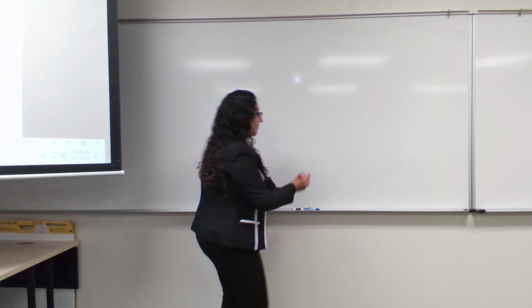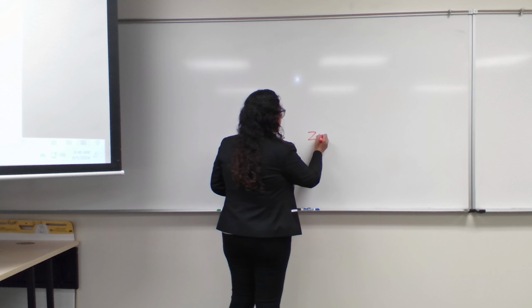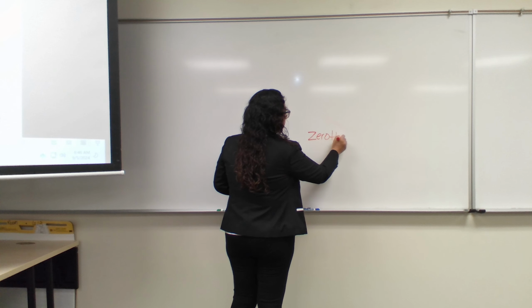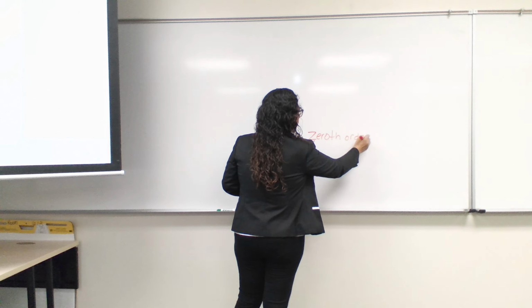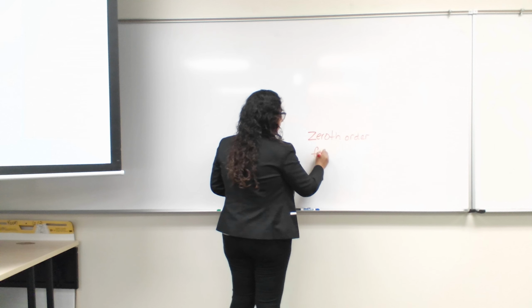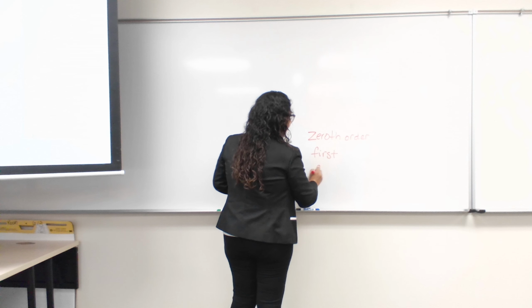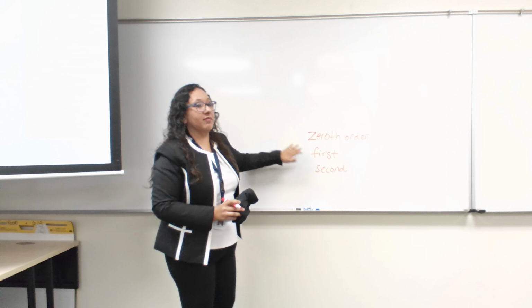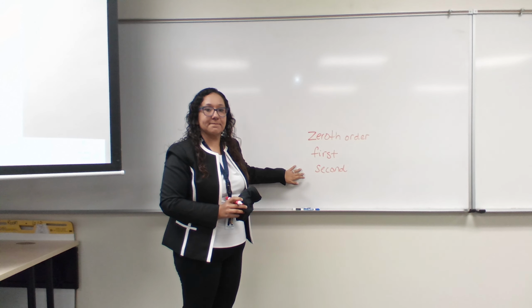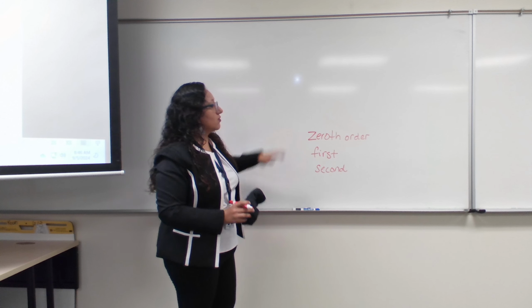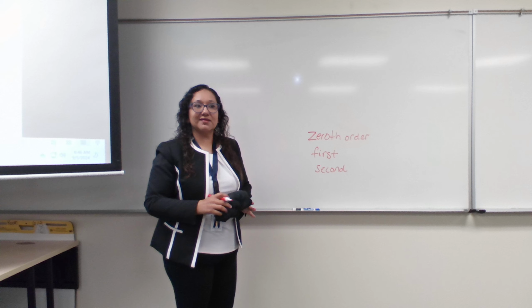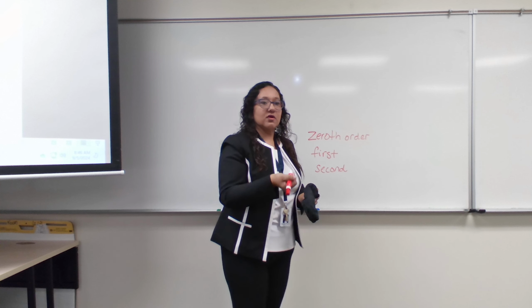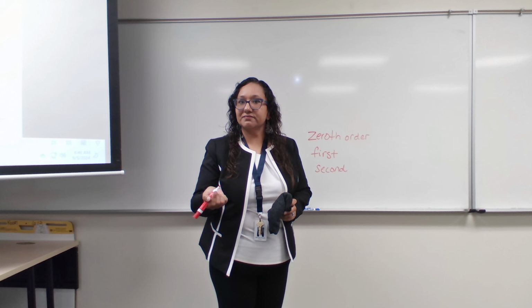We have what's called a zeroth order, a first order, and a second order. There are more, but today we're just talking about these 3. A zero order reaction means I don't care about the concentration.